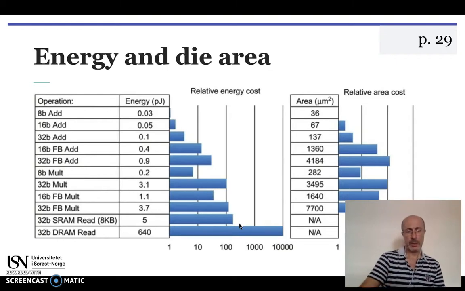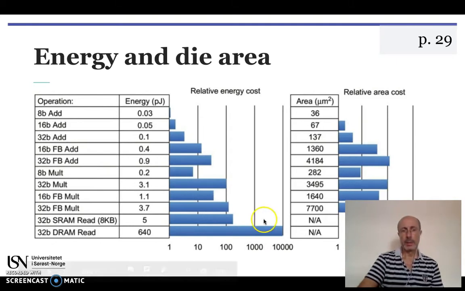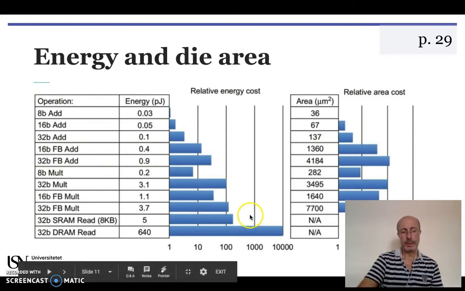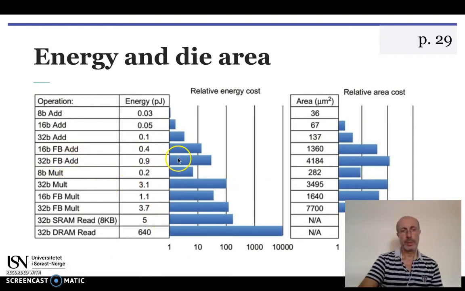Now this slide shows the relative energy and area costs of various common building blocks. Notice that a 32-bit floating point addition takes 30 times more silicon area than a simple 8-bit addition. But this difference is even higher if we look into their relative areas.